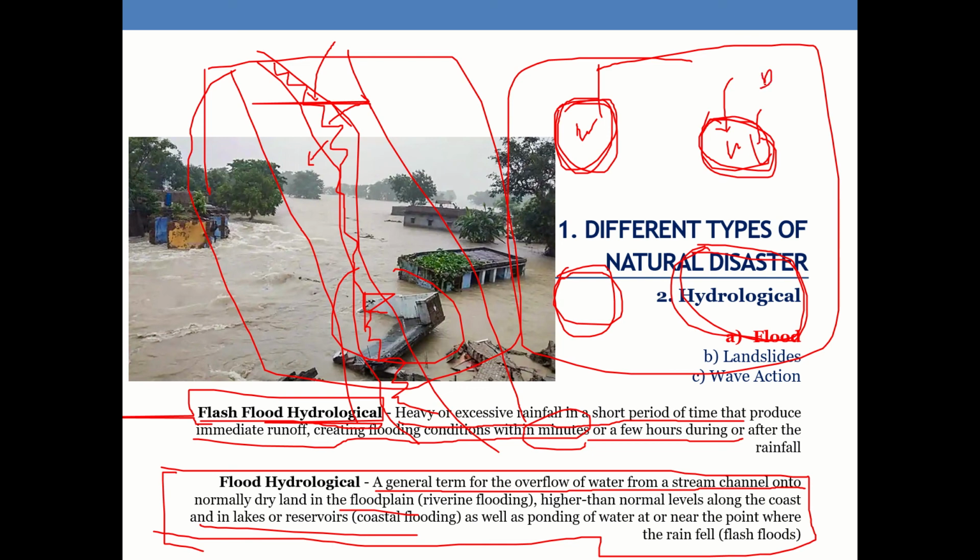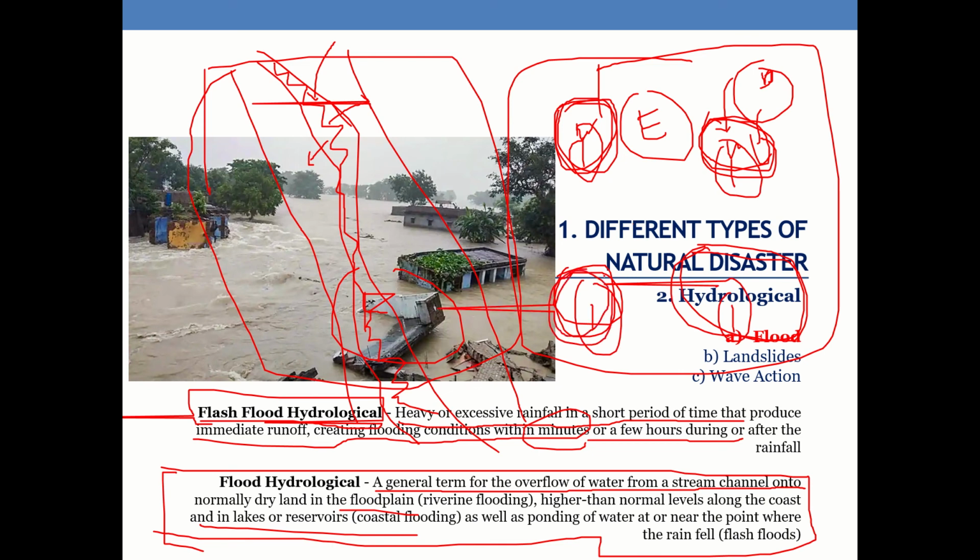If we receive excess rain or excess runoff beyond the capacity of these water reservoirs or water bodies, then once it gets filled, the excess water will flow into the cities.